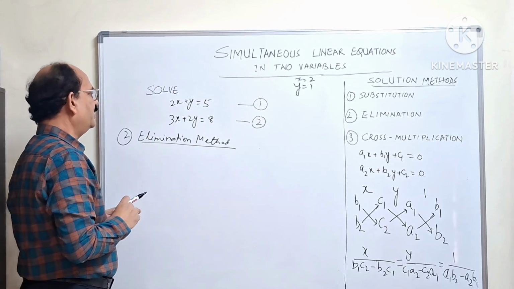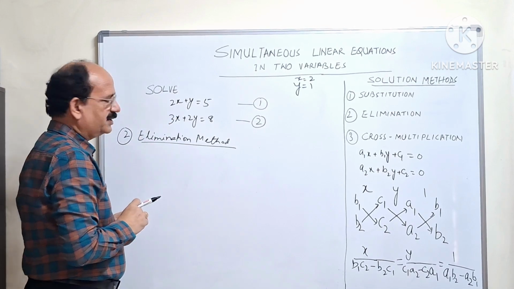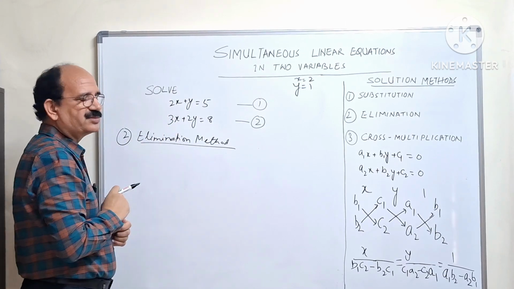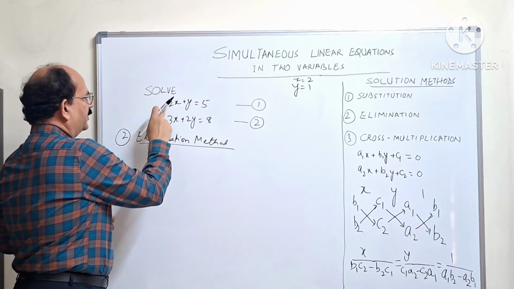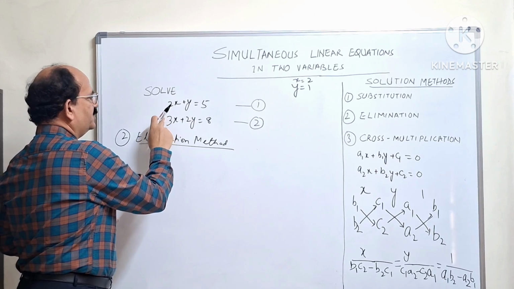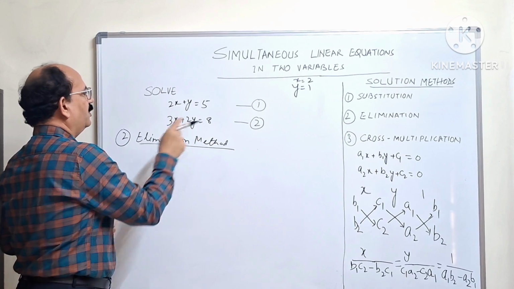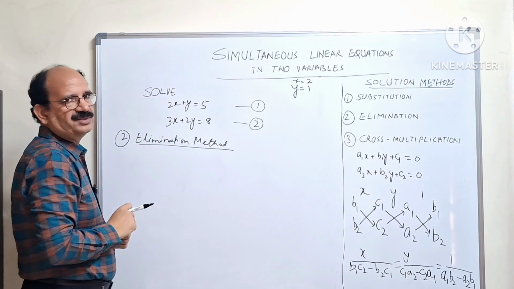In this method, suppose we want to eliminate x, then we look at the coefficient of x in both the equations, and we multiply the first equation with the coefficient of x in the second equation, and we multiply the second equation with the coefficient of x in the first equation.